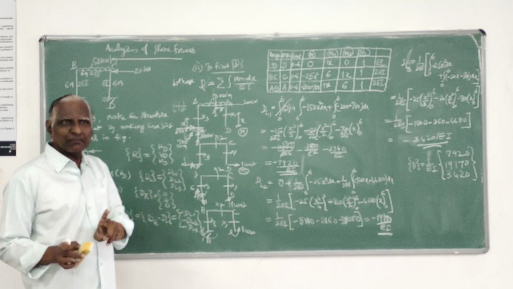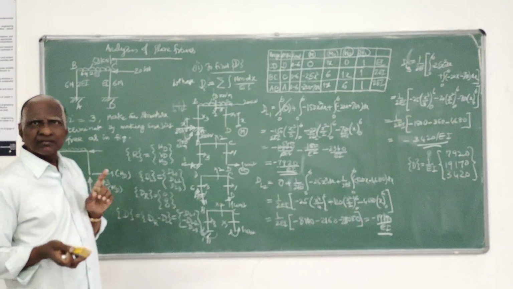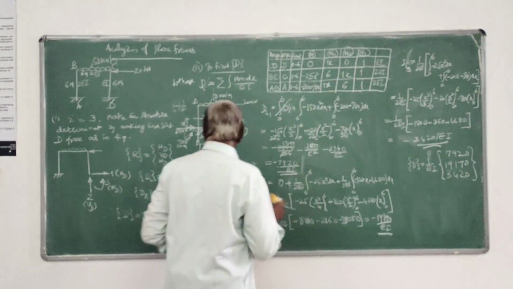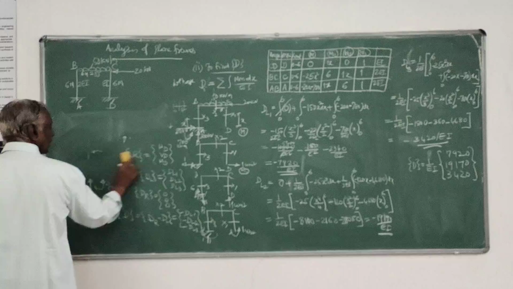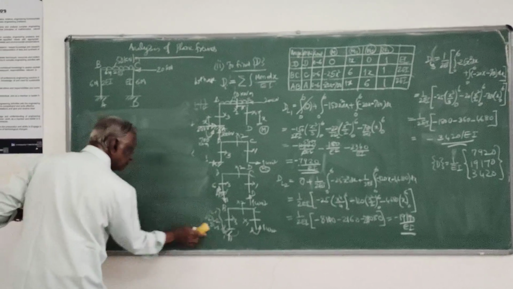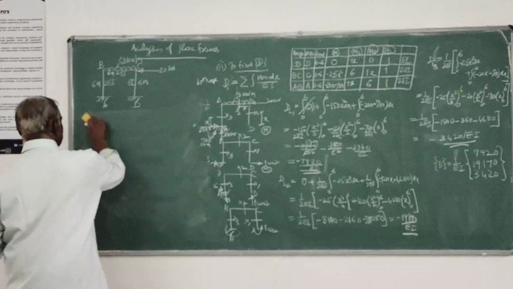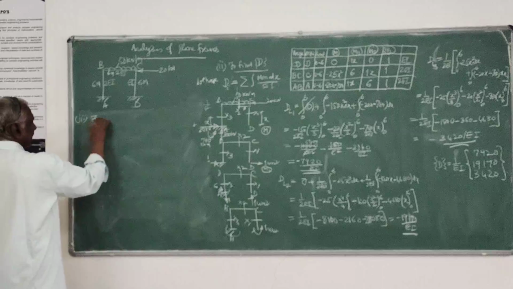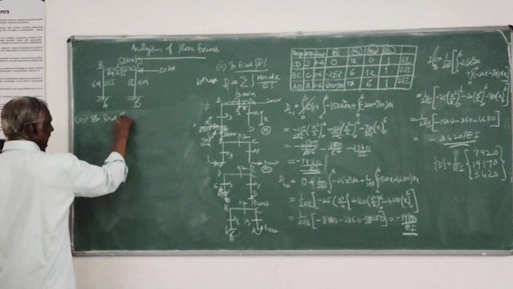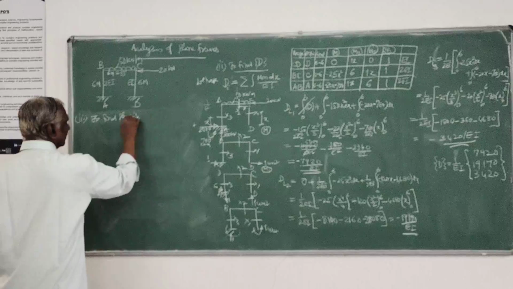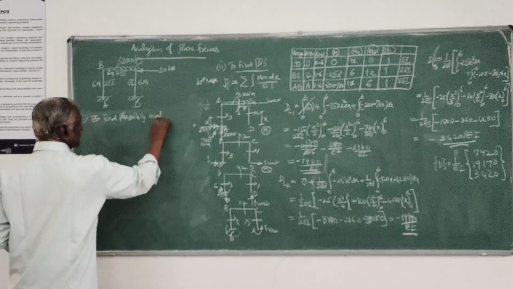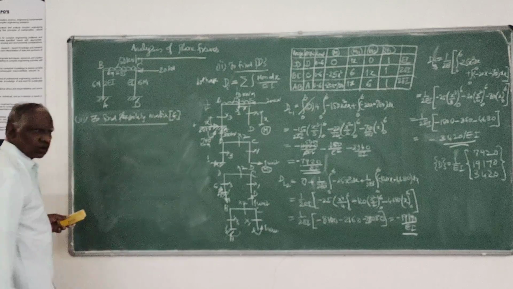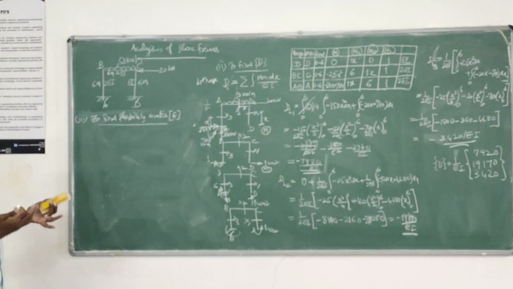Next, the third important step is evaluation of the flexibility matrix. For that again, I need this table. All these things I can take out because I have evaluated D. So next, third step, we find the flexibility matrix F. Here there are 3 coordinates, so the size of the flexibility matrix is 3 by 3.